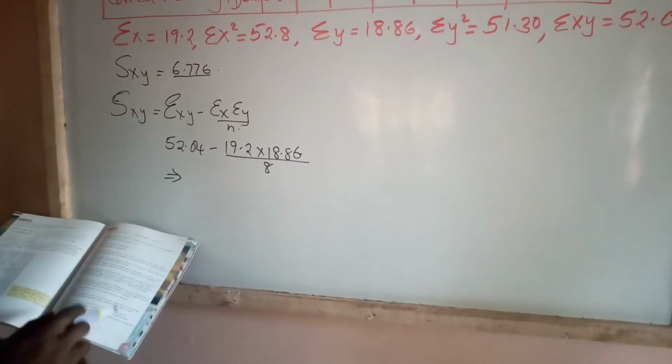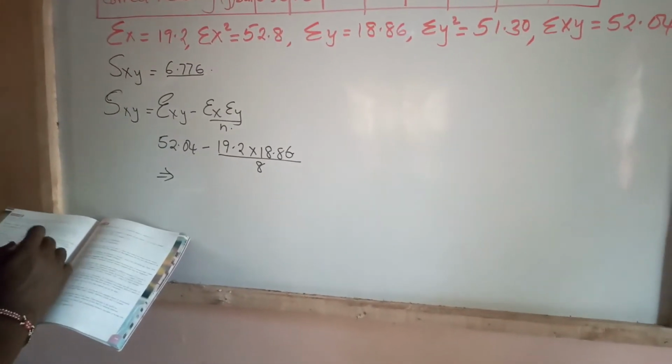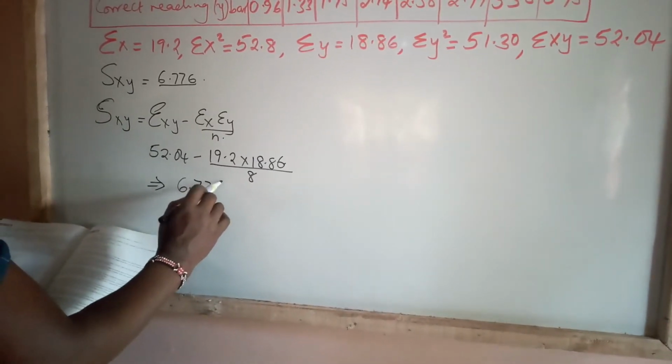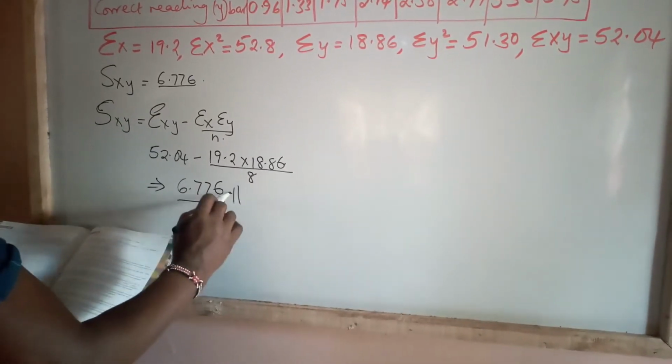If you do that using your calculator, you realize that it's going to be 6.776, hence shown.